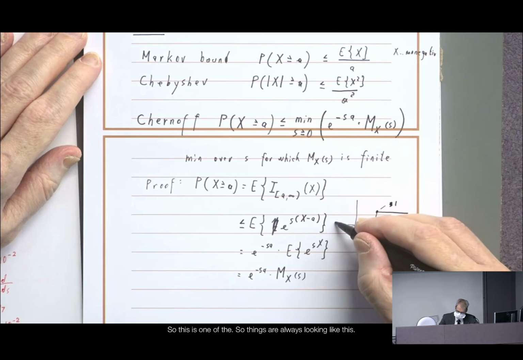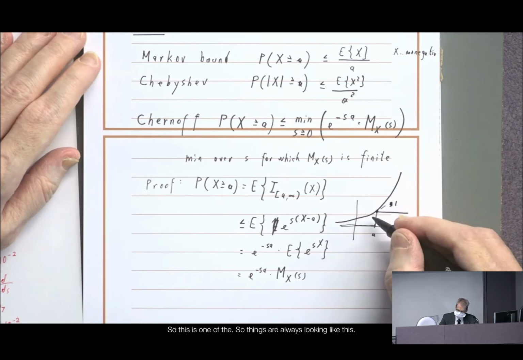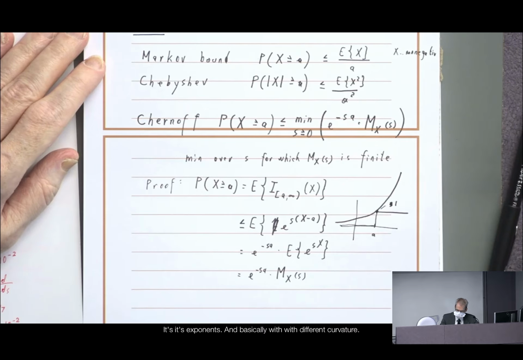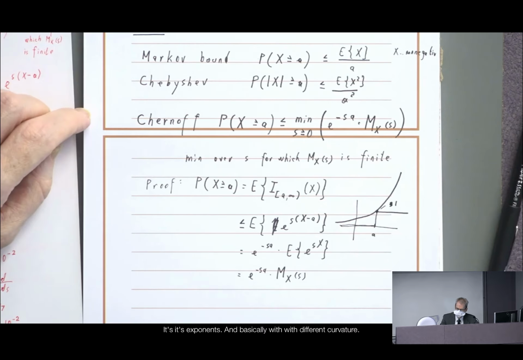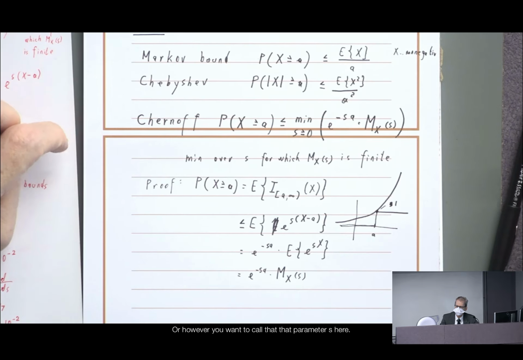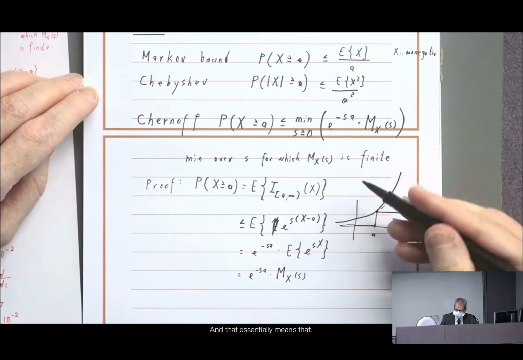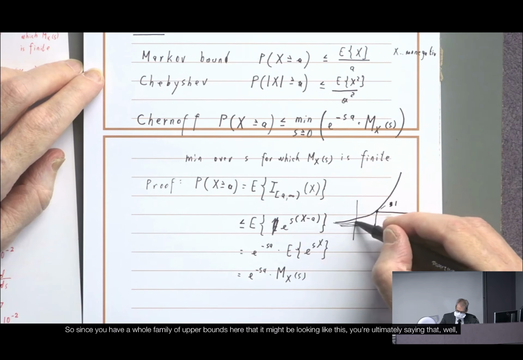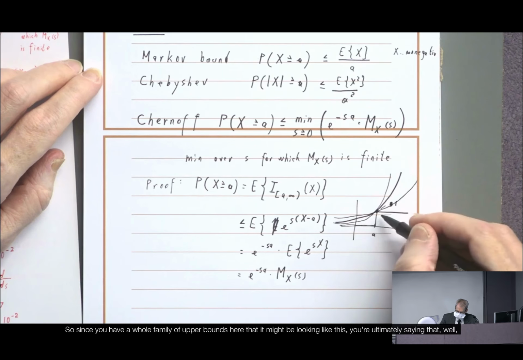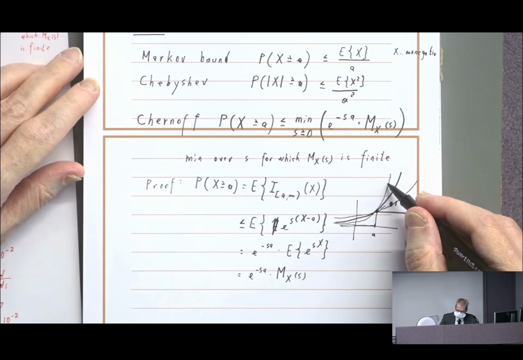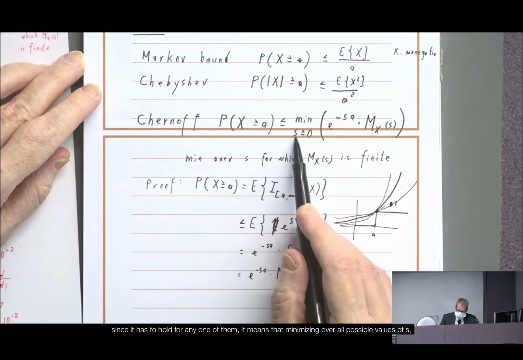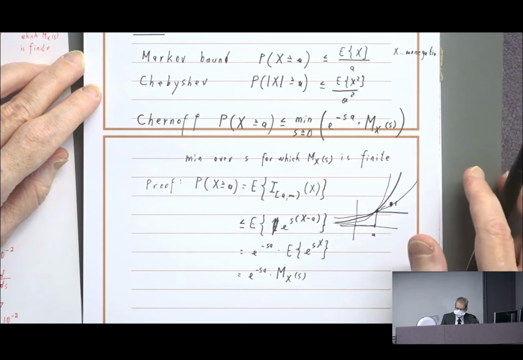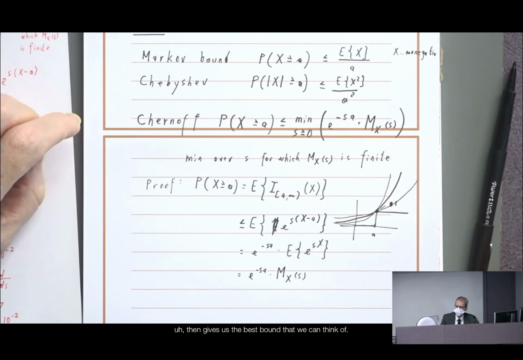So things are always looking like this: exponentials with different curvature, however you want to call the parameter s, but all of them go through this point because this is just e to the power of 0. Since you have a whole family of upper bounds, and it has to hold for any one of them, minimizing over all possible values of s gives us the best bound that we can think of.